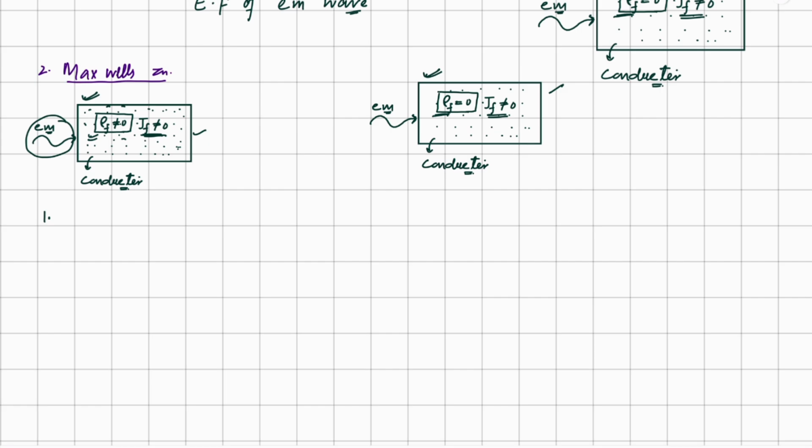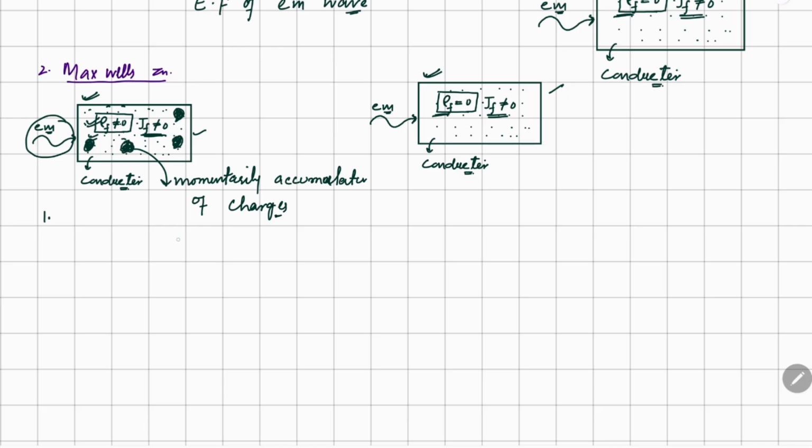If there is some momentary accumulation of the charges, so there is momentary accumulation of charges inside the conductor, but that is momentary, for a very short period of time. So that leads to rho f not equal to 0.